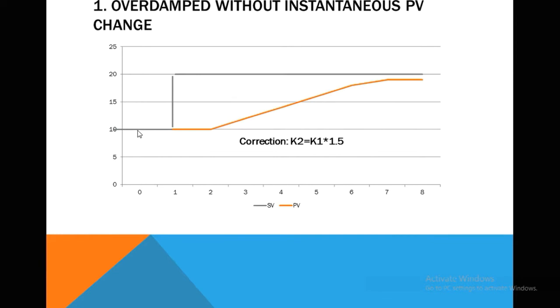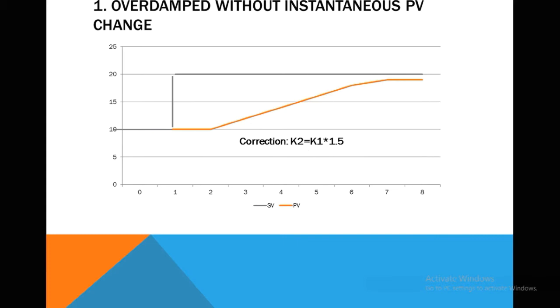When you see that after making a change, the response is delayed, it doesn't start off with the change of MV and then it goes slow, and there is an offset ultimately, what you do is the gain has to be multiplied by 1.5 times.